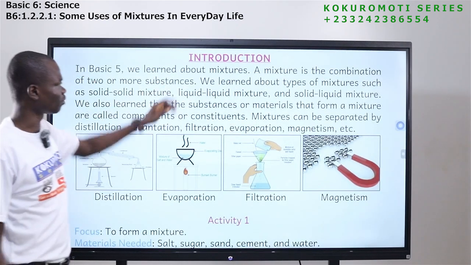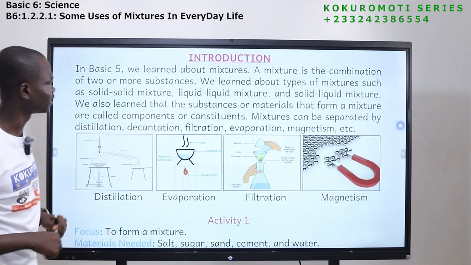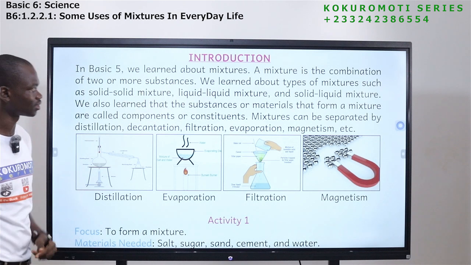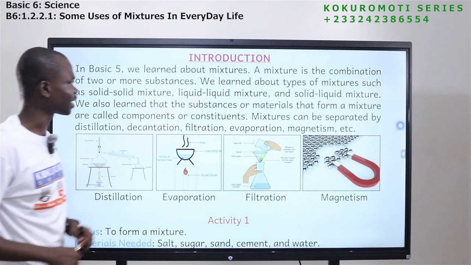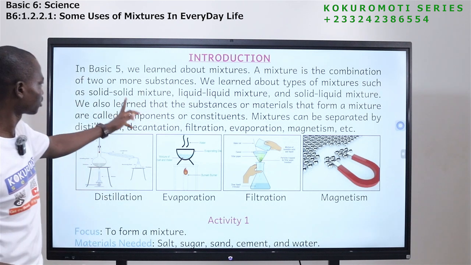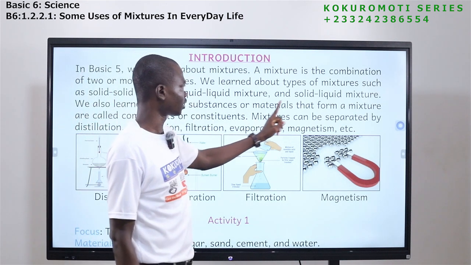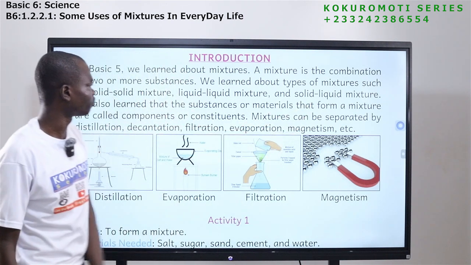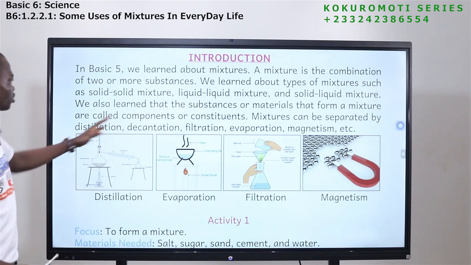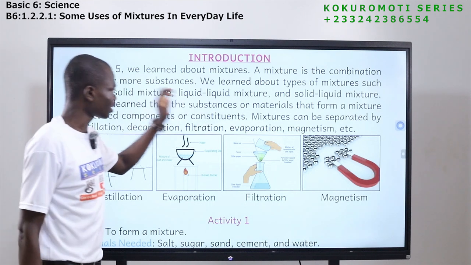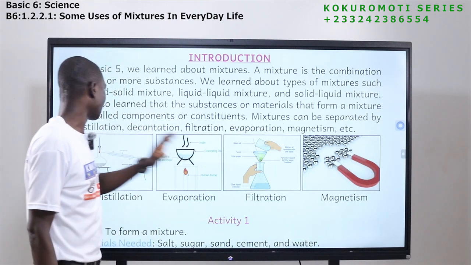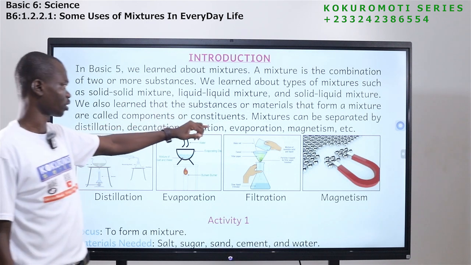Now let's look at it. In Basic 5, we learned about mixtures. We said that a mixture is a combination of two or more substances. We also learned about types of mixtures such as solid mixture, liquid mixture, and solid-liquid mixture. We also learned that substances or materials that form a mixture are called components or constituents.